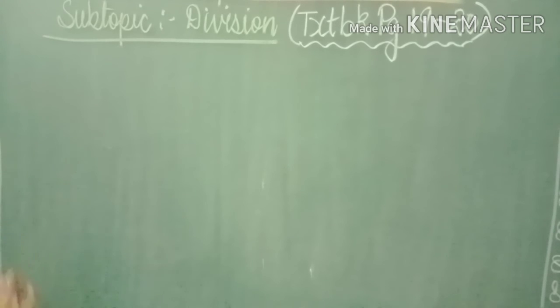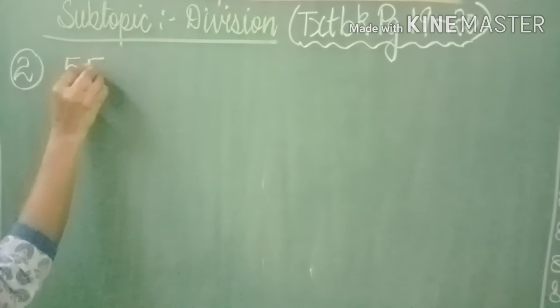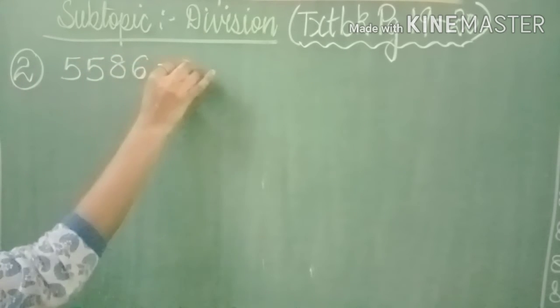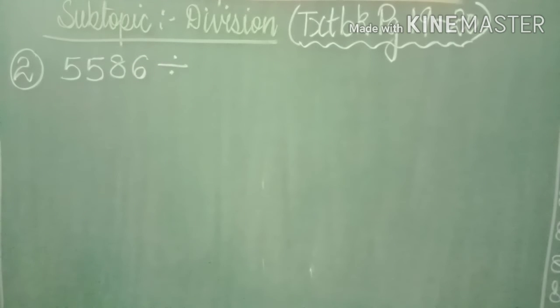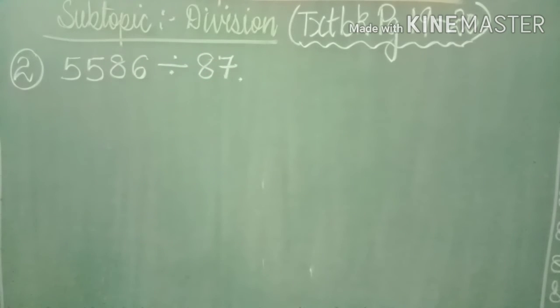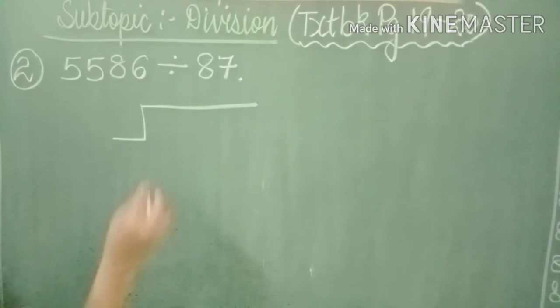Let's write the second sum, that is 5586 divided by 87. First we are going to do the division.